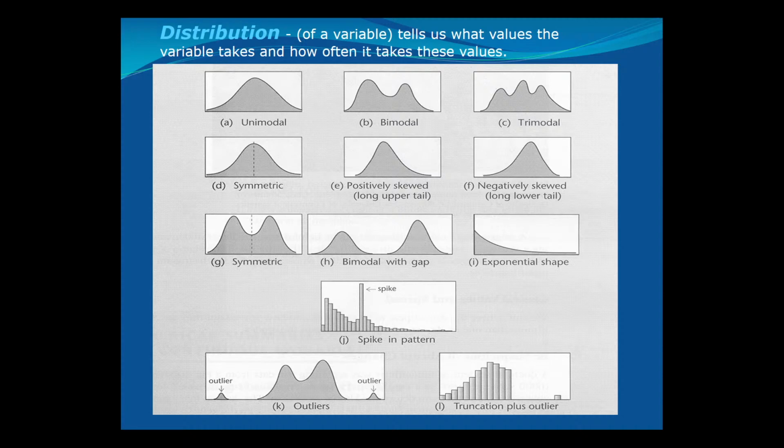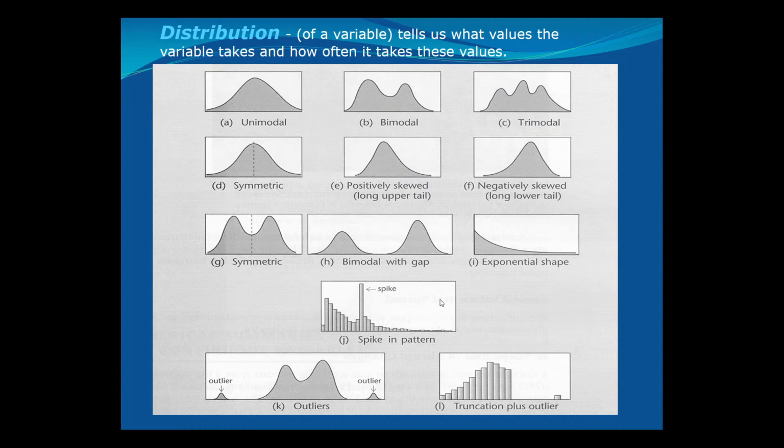Next level, third level, the distribution can be symmetric with two peaks, and this distribution is symmetric. Bimodal with a gap, or another type of shape such as exponential shape.